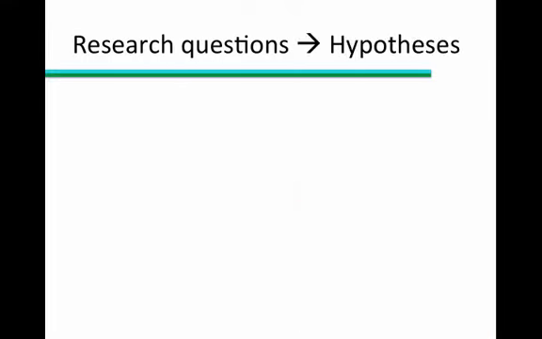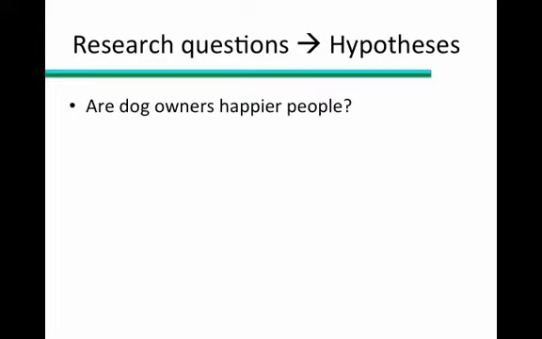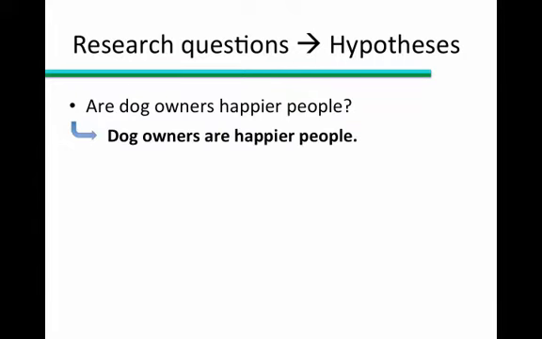The first step is to translate the question into a hypothesis, or a statement of the expected relationship between the variables. So, looking again to our examples, we may translate the question, are dog owners happier people, into the hypothesis, dog owners are happier people. Now we have a statement of expected relationship. Let's try another one.